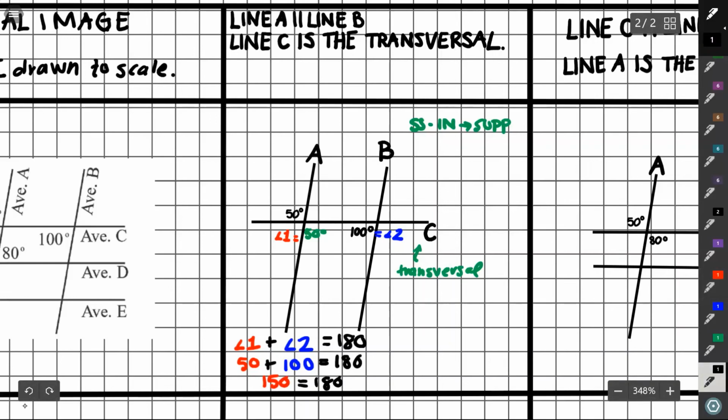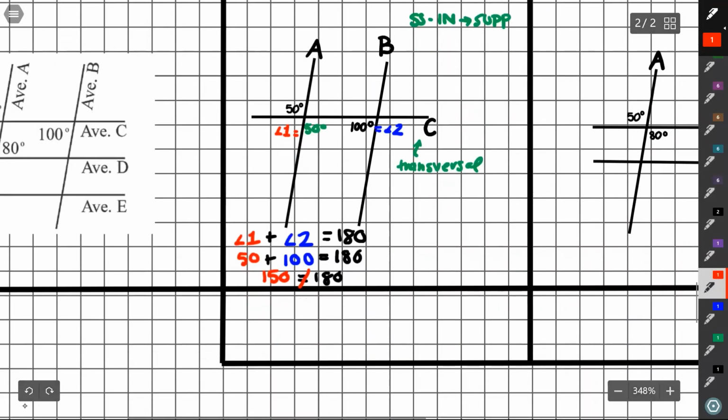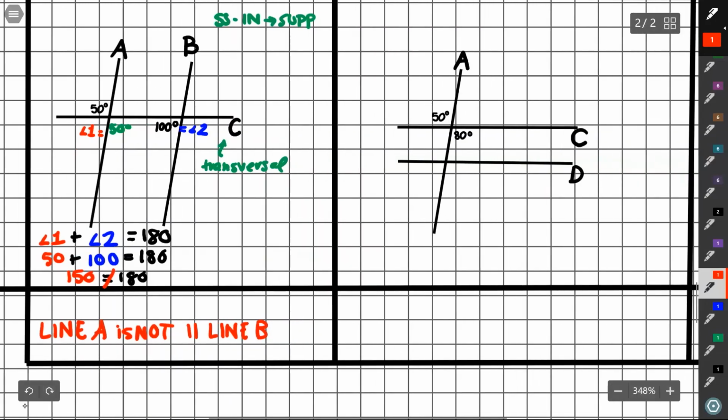And we all know that 150 and 180 are not the same, which means that this statement is not true. So line A is not parallel to line B. All right, that's fine. Our first try didn't work. We're going to try another set of lines.